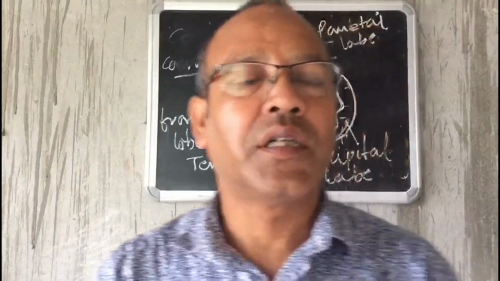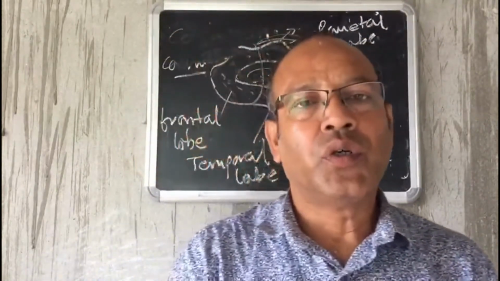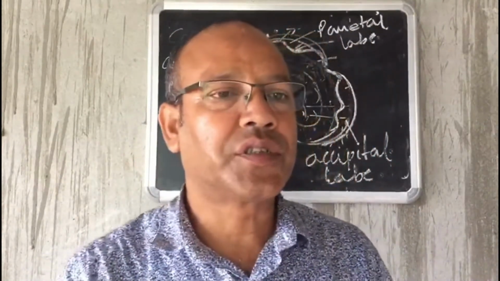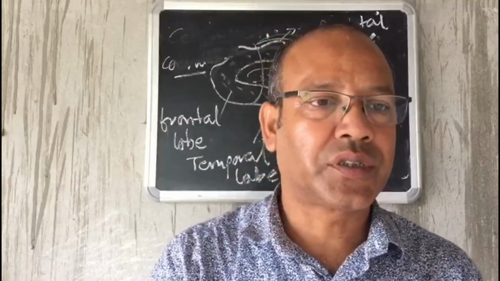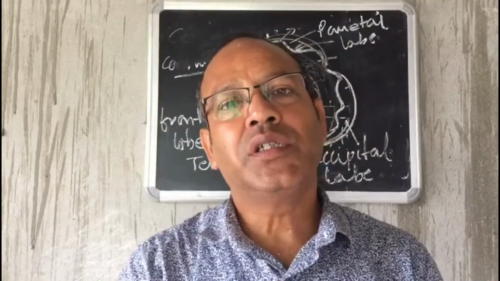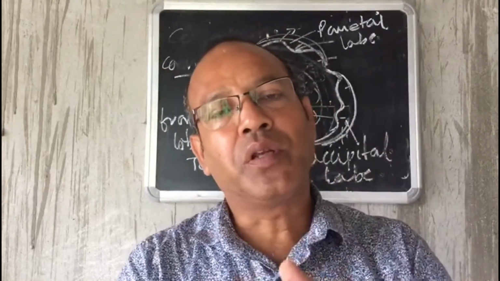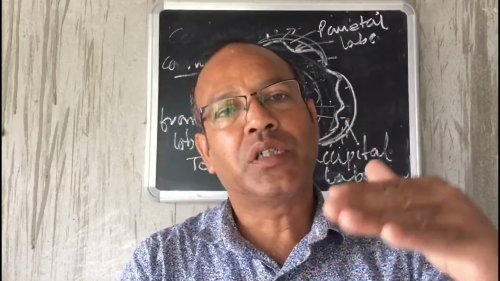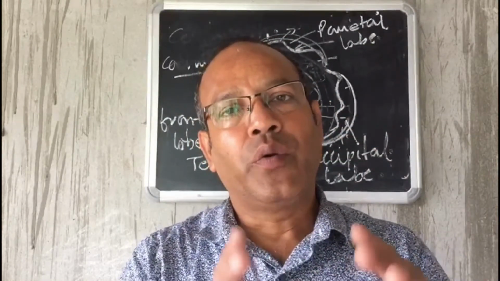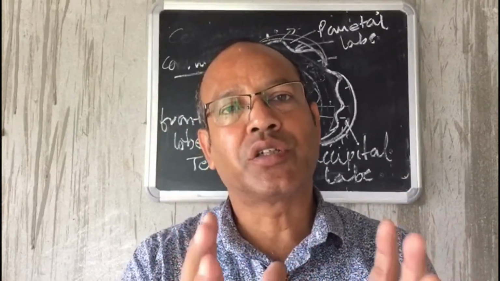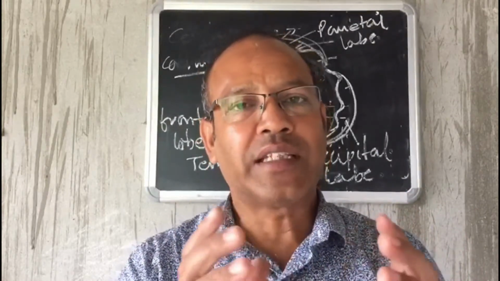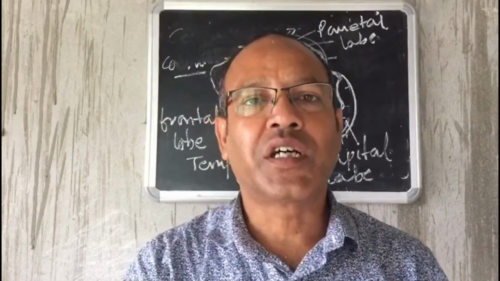Now, after the idea about the cerebrum, we go to the next part of the central nervous system, that is the thalamus. The thalamus is a region inside the cerebrum, just below the forebrain, where there is a large concentration of cell bodies, or grey matter.